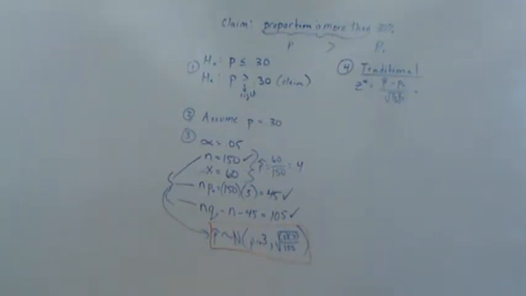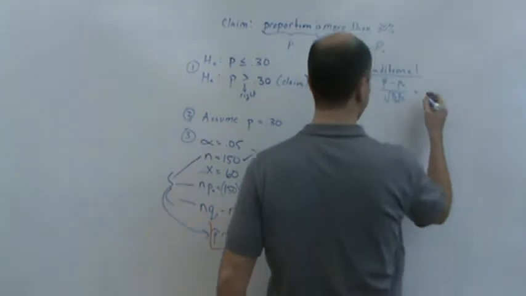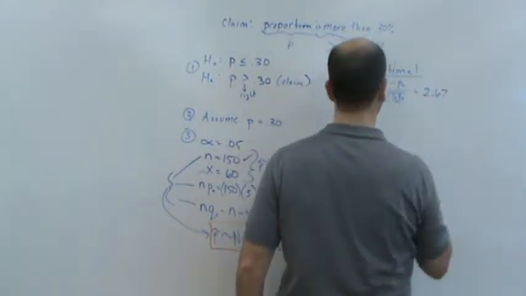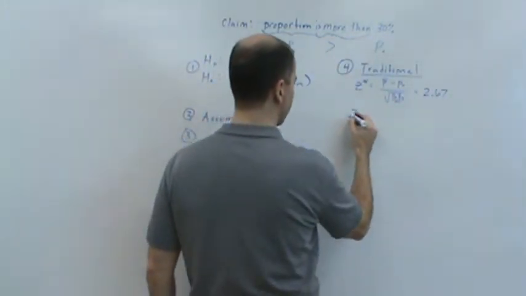So we take p hat minus p0, which is 0.3, and divide by the square root of 0.3 times 0.7 divided by 150. And we get 2.673, or it should be 2.67. So now all we need is our critical value.